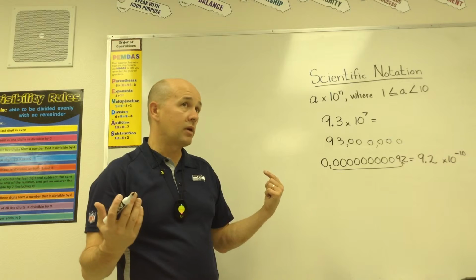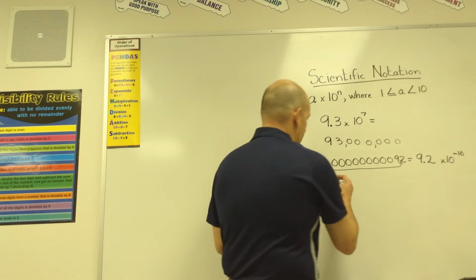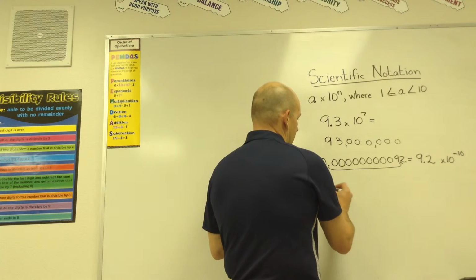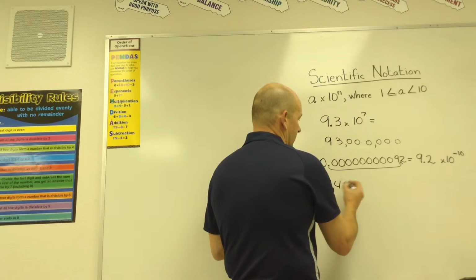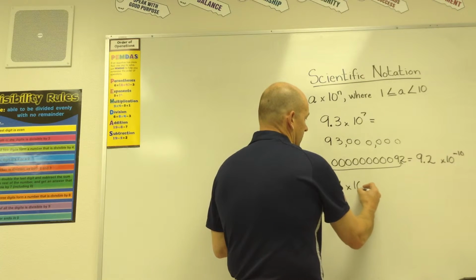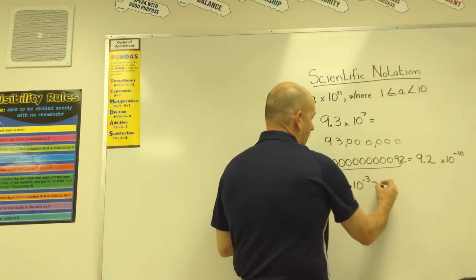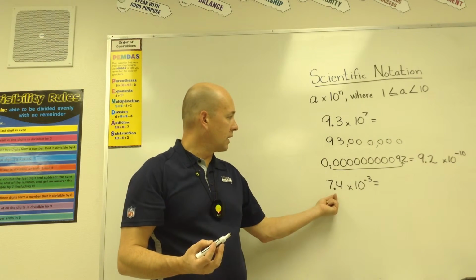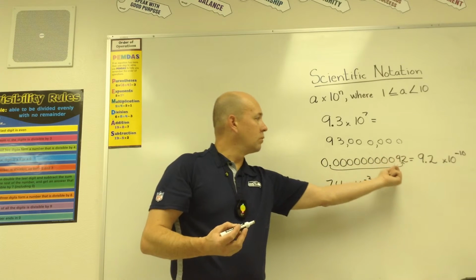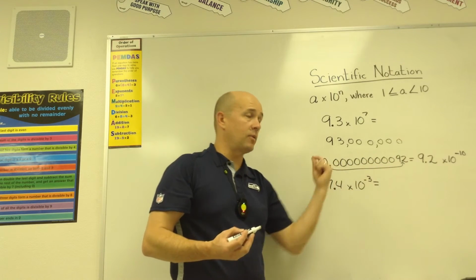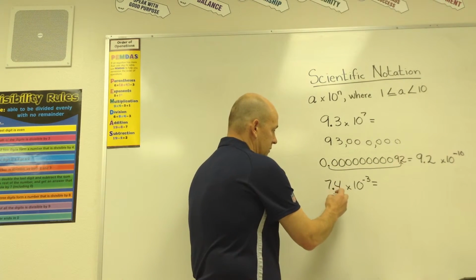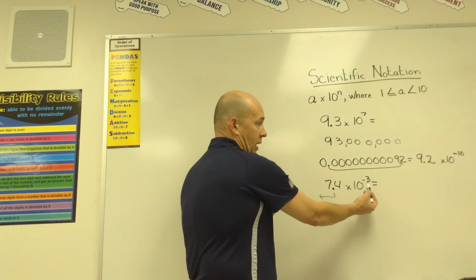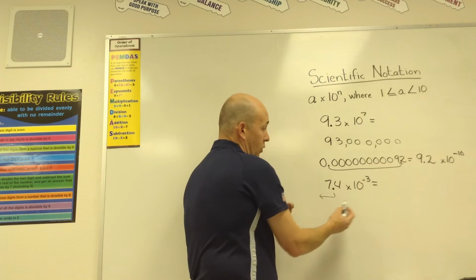Now, let's say we have a number where we want to go the other way, though. Let's say we have 7.4, and I'm just making these numbers up again, times 10 to the negative 3rd power, and I want to know what that number is going to equal. Well, once again, we have to undo what we just did here. So in other words, we've got to take that decimal point back. So we're actually going to take the decimal point this way. And how many places are we going to take it? We're going to take it 3 places.